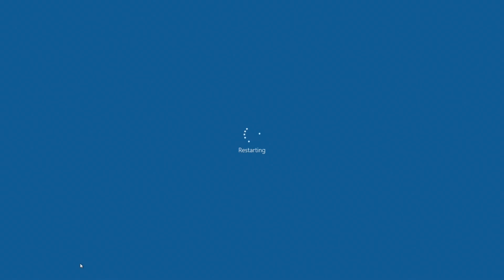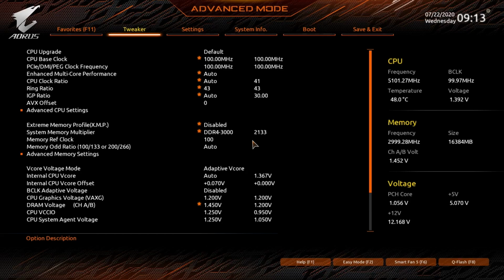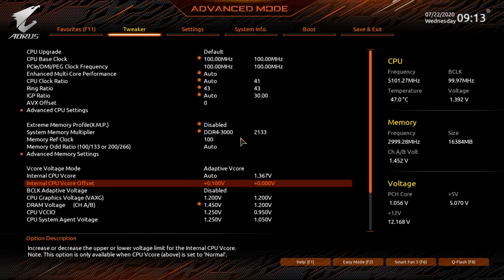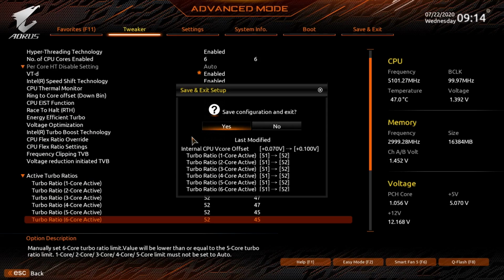Let's try a +1 offset, see if we can get 5.2. Okay, let's try that.